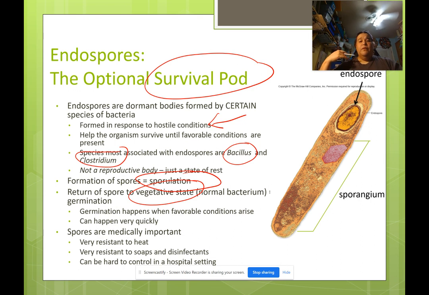We call that germination. I'm basically back in favorable conditions, so I'm going to become active again because I've got food, I've got water, I've got the perfect conditions to do this. And with endospores, that switch from hibernating to being active can happen real fast.